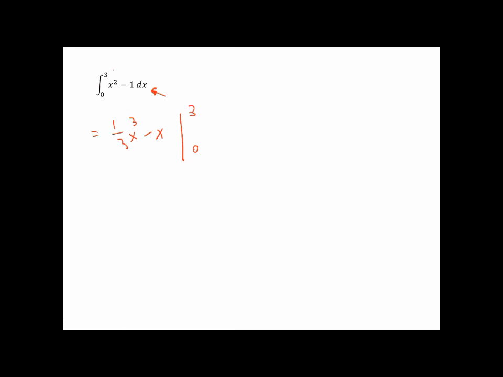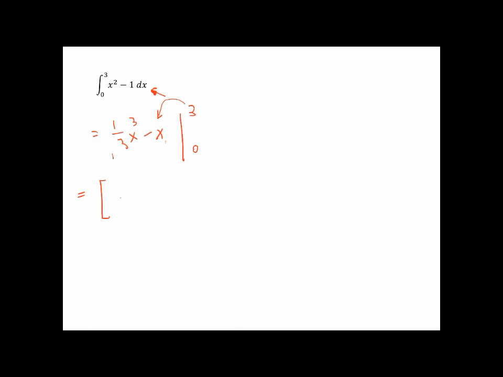You may see infinity and negative infinity here. But the rule is always the same. We plug the bigger number first into the whole function, and then minus, plug in the smaller number into the whole function.